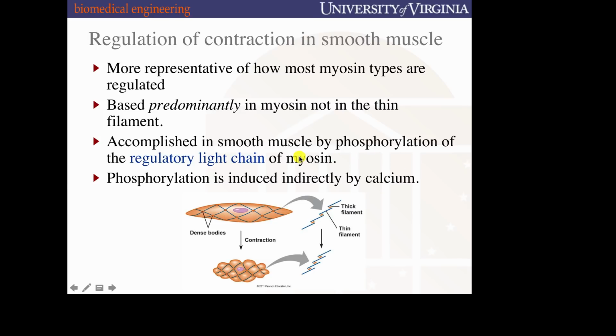For those that were in lecture, remember that I went off on a little bit of a soapbox tirade that there are also kinases that are calcium independent. So yes, phosphorylation can be induced indirectly by the activation of kinases through changes in calcium. But there are also kinases such as integrin-linked kinase, which directly phosphorylate the regulatory light chain of myosin that are completely independent, do not require calcium in order to operate.